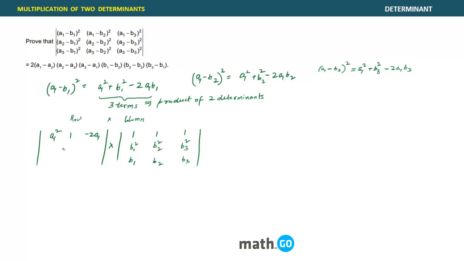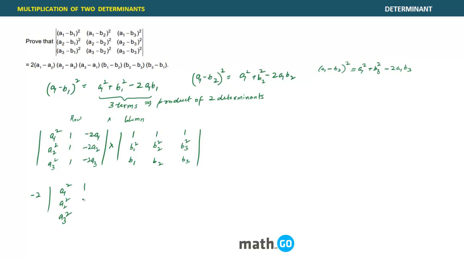And by symmetry, you can easily and quickly fill the remaining elements, which will be on a similar pattern. Okay, minus 2a3. So these are the 2 determinants that you will be taking in this question. I can take minus 2 common from here. So now let's see what this determinant will actually become.